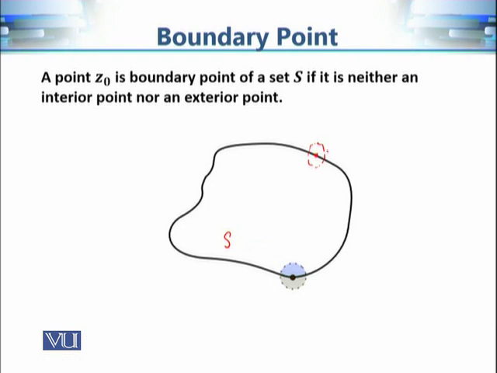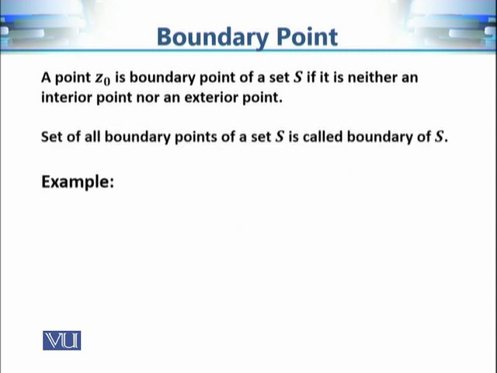In other words, if I take a neighborhood of a point which is at the boundary, then every neighborhood of this point will contain some points of S and some points which are outside S. It will never happen that a neighborhood of a boundary point is entirely contained in S or entirely contained outside S. And the set of all boundary points of a set S is called the boundary of S.